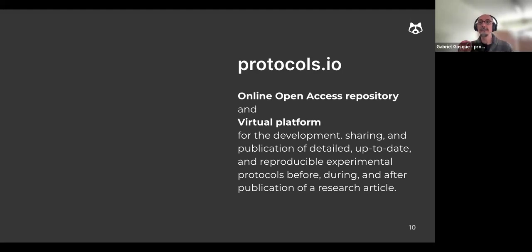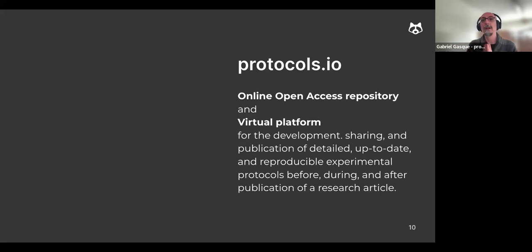And I would need to clarify here that what we understand as publication of a protocol in protocols.io is similar to preprinting an article in bioRxiv, for example. We're a repository for methods, not a peer-reviewed journal.